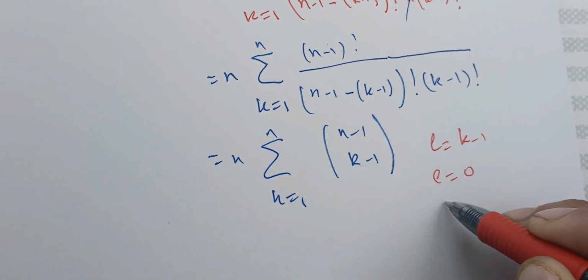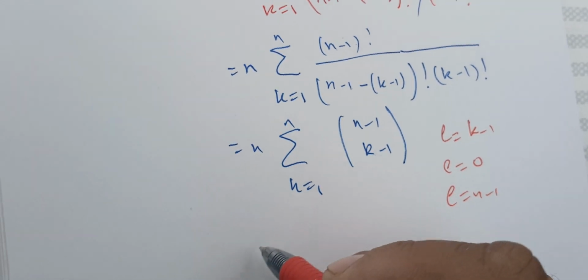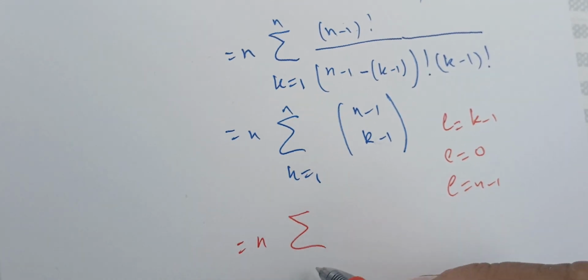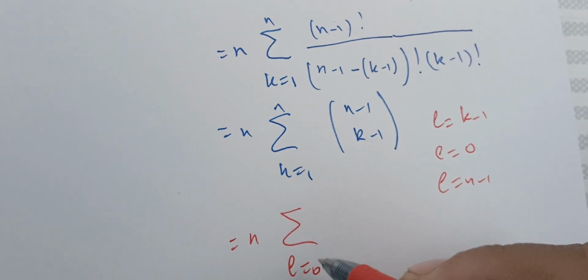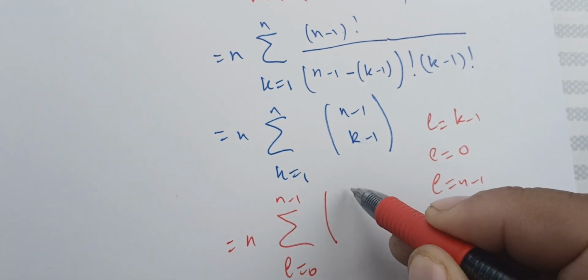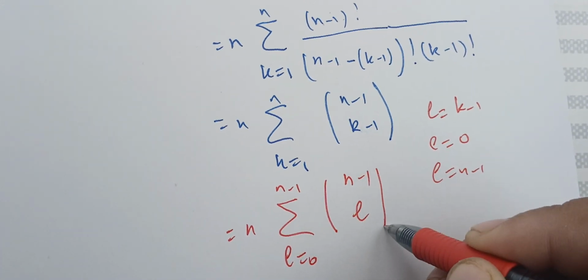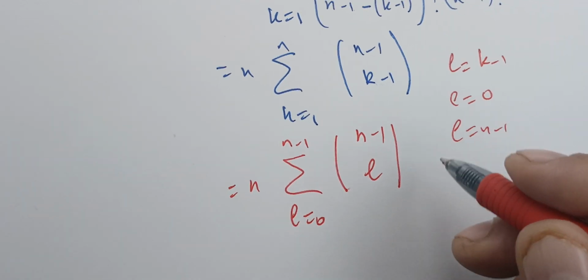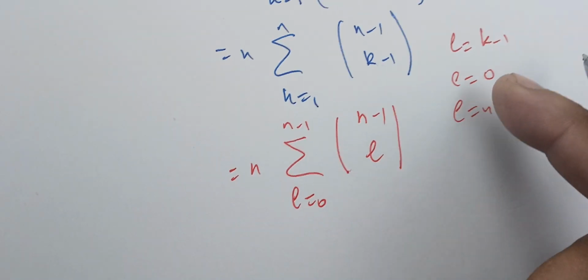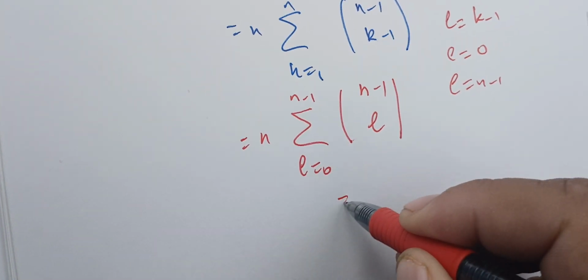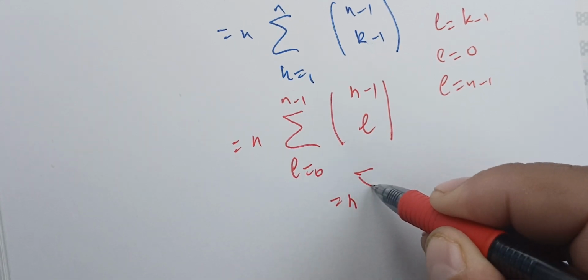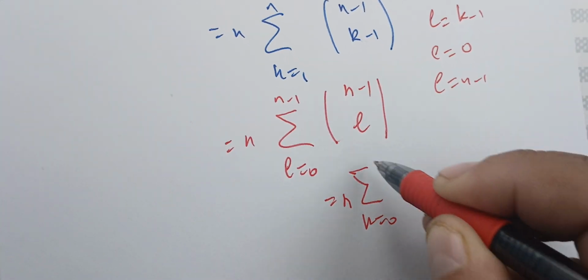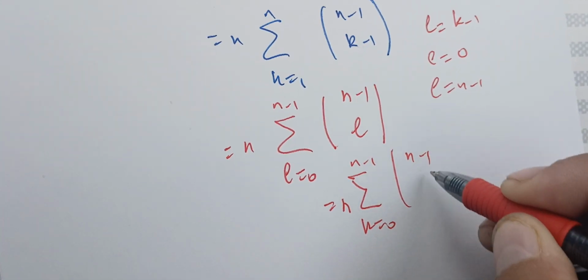When k is n, l is n minus 1. Therefore I have the sum with l going from 0 to n minus 1 of n minus 1 choose l. Now I can go back to k if I want to, because k is a silent variable. I can write this as n times the sum k going from 0 to n minus 1 of n minus 1 choose k.